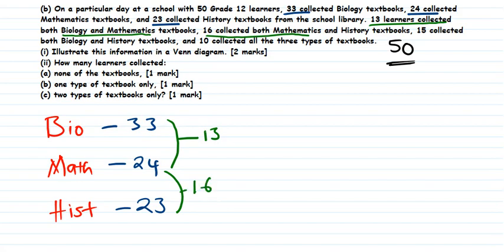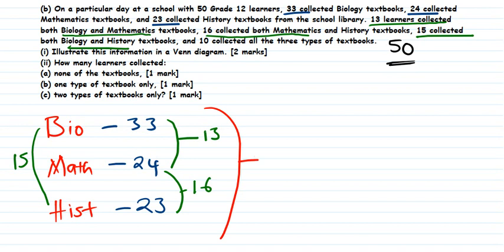Okay, and then I'm sure you can still see that we haven't found an intersection between biology and history, right? So, and then 15 of them collected both biology and history. So 15, biology and history. And then finally we are told 10 of them collected all the three types of textbook. So 10 of them. In fact, that one, let me just put it to say 10 or 3.